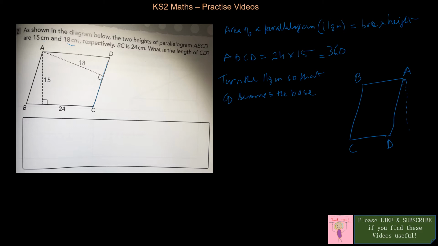We extend the CD line, and this becomes the height, which is 18. So we know the area of the parallelogram is 360.